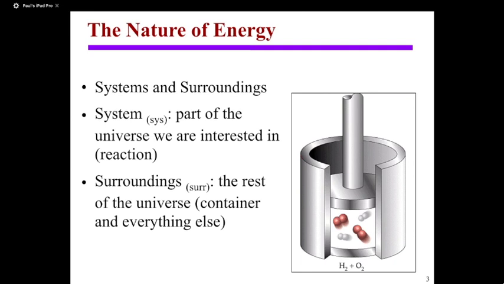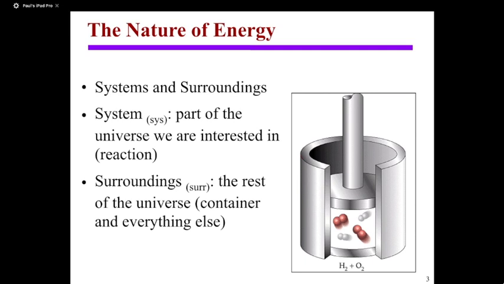The surroundings is everything else. The water that it's in, the container that it's in, the room that it's in, the air that it's in, the earth that it's on, and the entire universe is the surrounding.